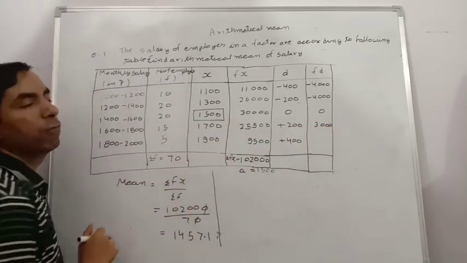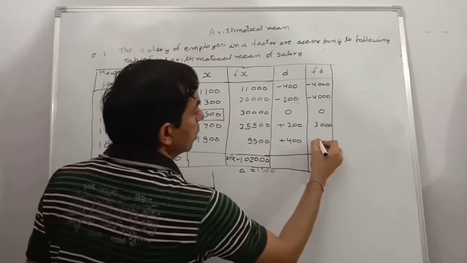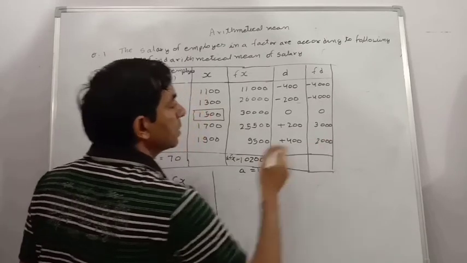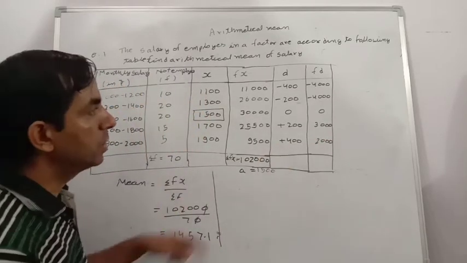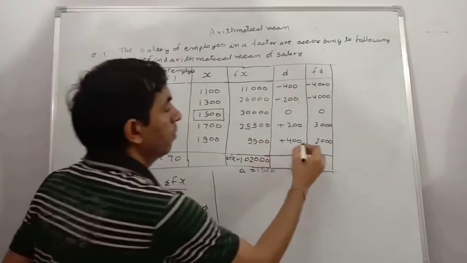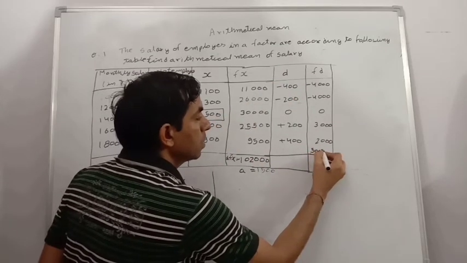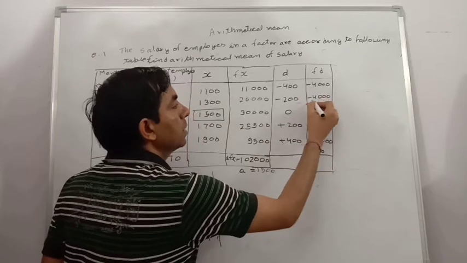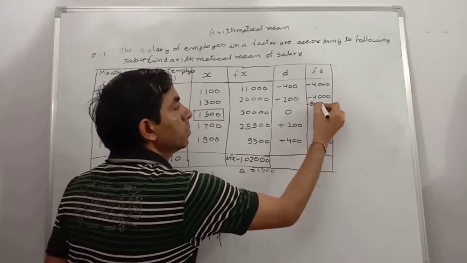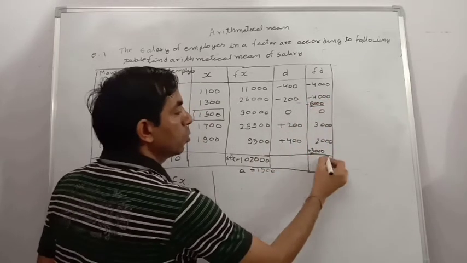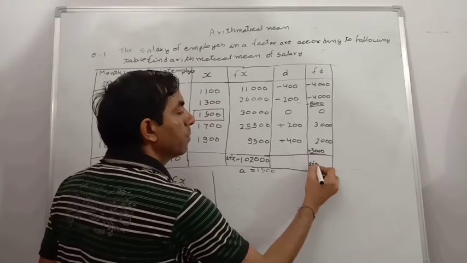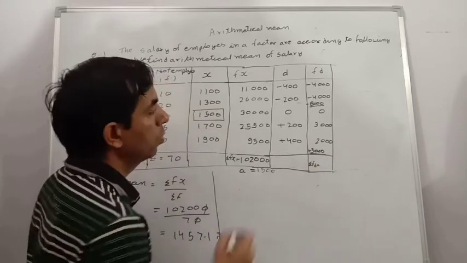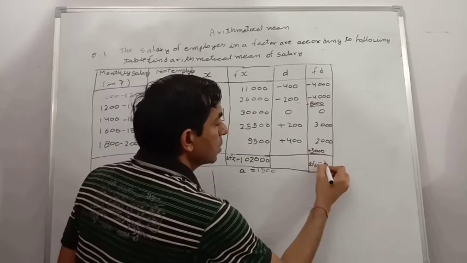And 5 multiplied by 400 is 2000. Here we check: the positive total is 5000 and the negative total is 8000. So finally the summation of fD is equal to minus 3000.